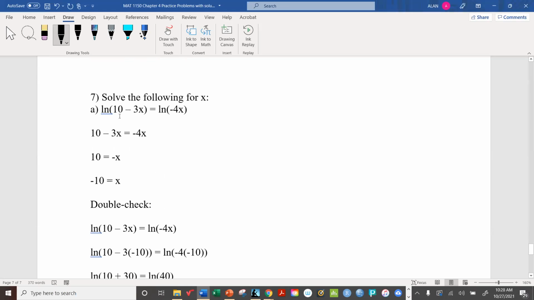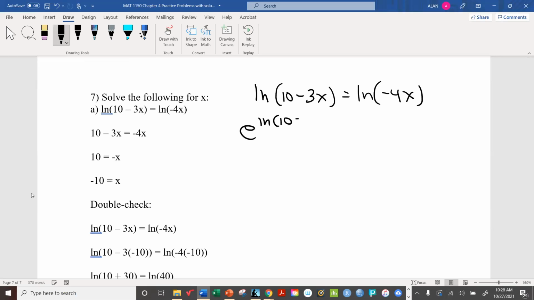And again, the reason is because both of these are the same base. So in other words, what you're essentially doing is saying, if you had the log of 10 minus 3x set equal to the log of negative 4x, what I can actually do here is apply this e function to both sides.